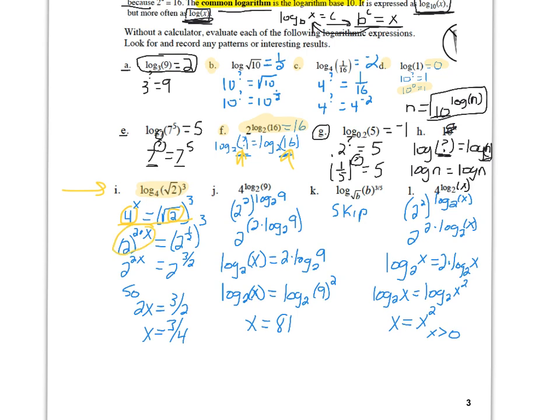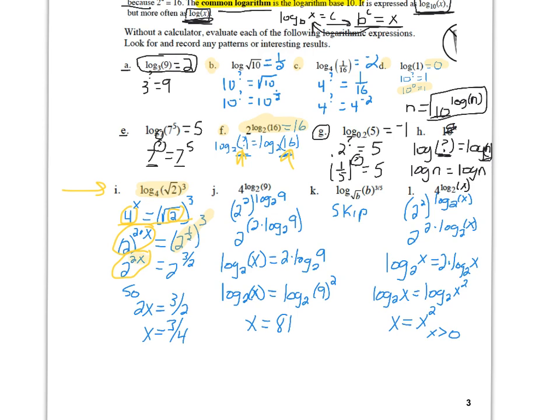Really gives me on the left side 2 raised to the 2x. On the right side, the square root of 2, well, that's the same as 2 to the 1/2 power. Now with the power to a power, I'm going to multiply those two exponents and get 2 to the 3/2.